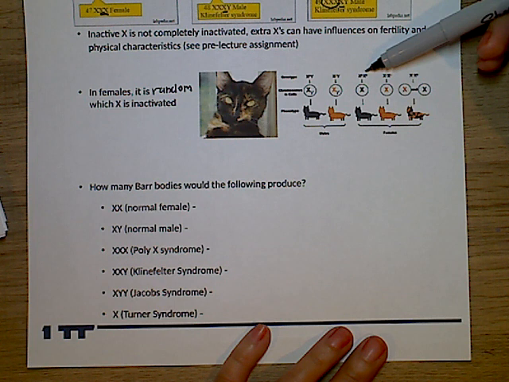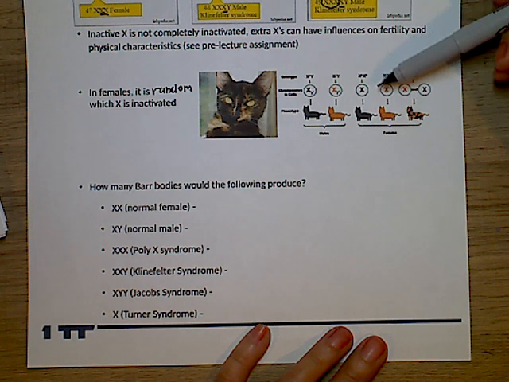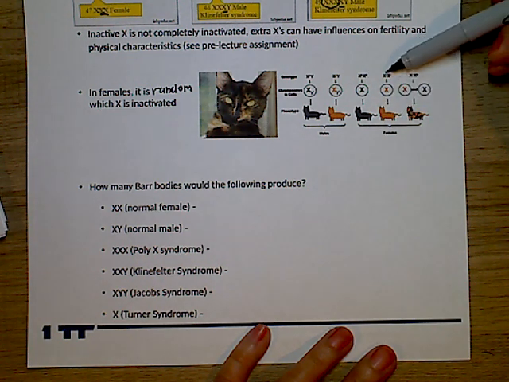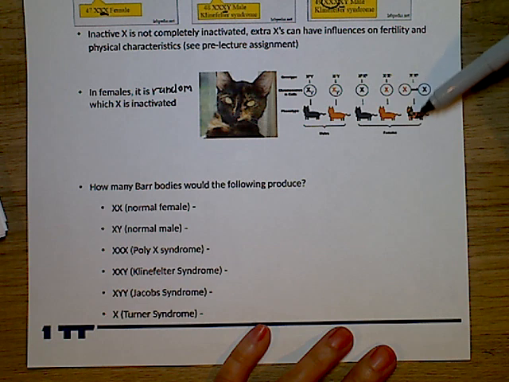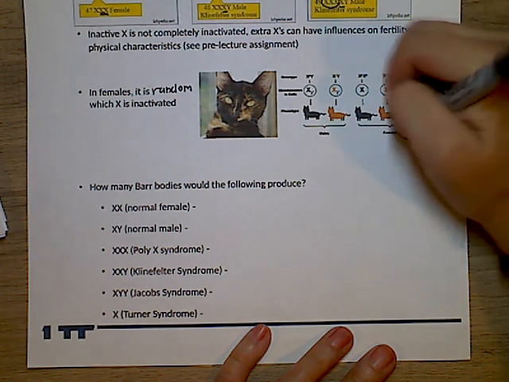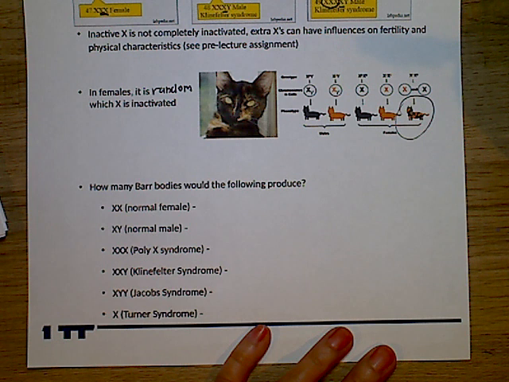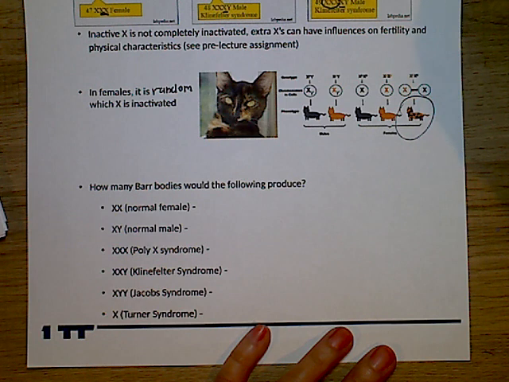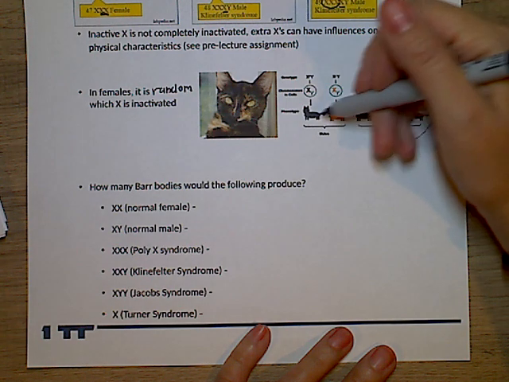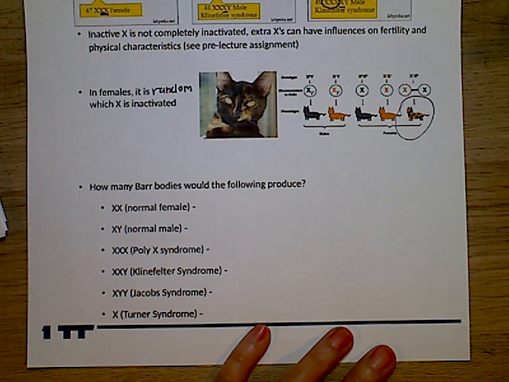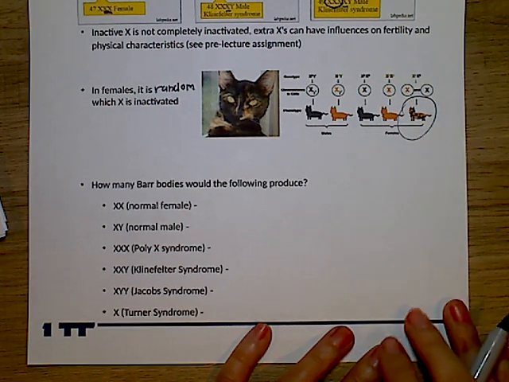So you can have 2 for the black genes inactivated, or for the tan, or you can have 1 of each, and that's where you get your mixture here of the tortoiseshell calico cat. So the phenotype is the physical expression of the genes, and it's really easy to see in these cats, which is why it's commonly used as an example.